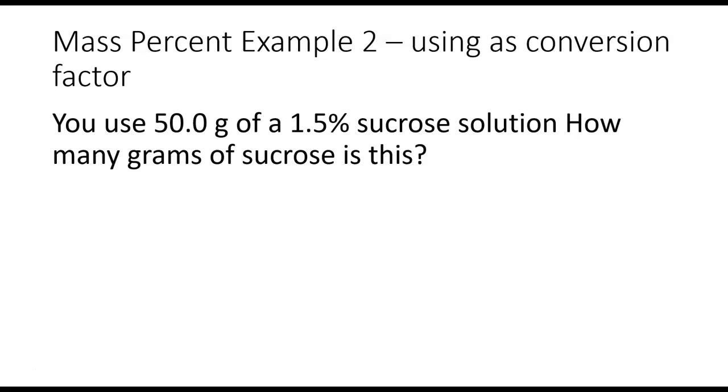So you use 50.0 grams of a 1.5% sucrose solution. How many grams of sucrose is this? Now, 1.5%, that tells us that we have 1.5 grams, so this is a mass percent problem, so this should be mass of sucrose.